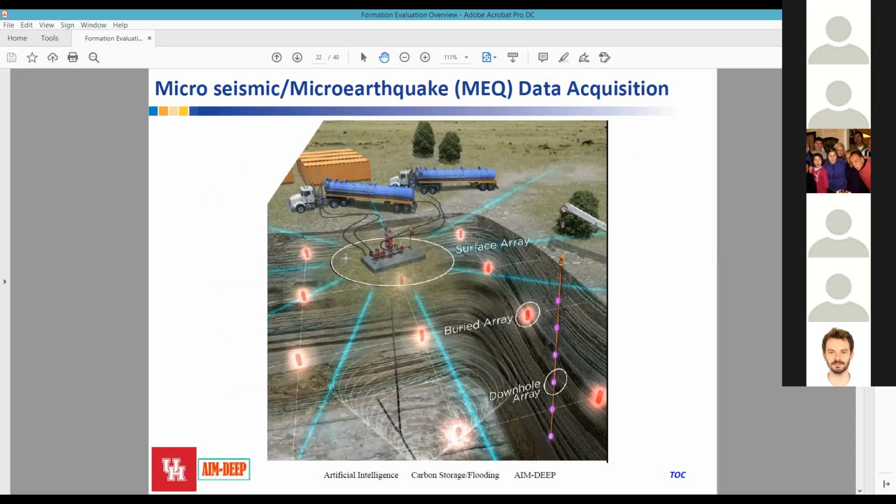As you know, in terms of hydrofracturing, the microseismic or microearthquake technique, we call it MEQ, has been used in industry for a long time, and we can use the same technique for underground gas storage and underground carbon storage. This technique is going to help us a lot to identify the focal point.